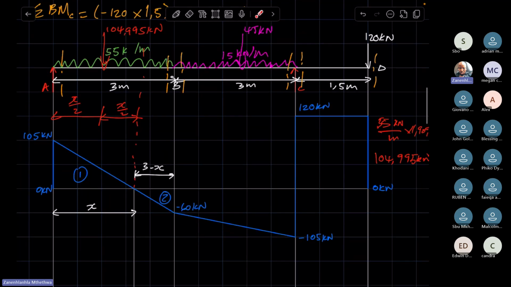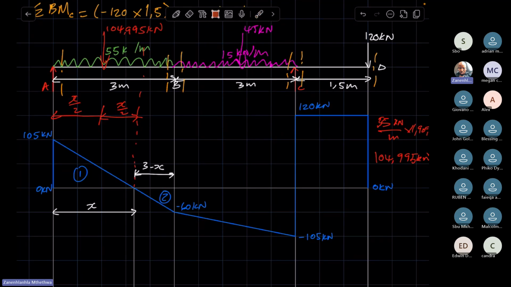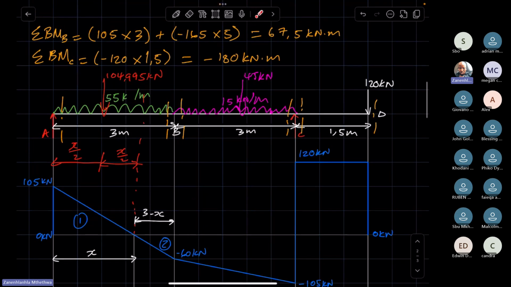Now, like I said, on the shear force diagram, where the shear force is equal to 0, that is where the beam is likely experiencing the most bending, and that you will see from your bending moment calculations. We know they're equal to 0 at the ends of the beam. At point B, it is equal to this. At point C, it is equal to that.